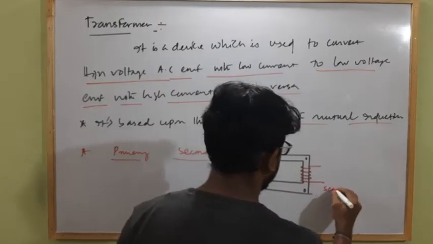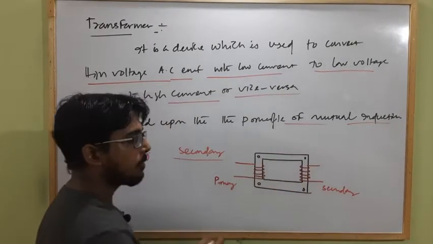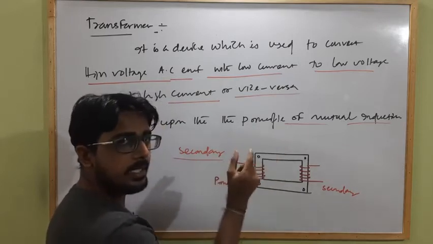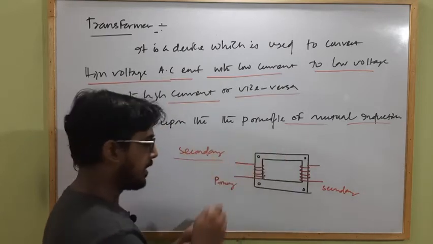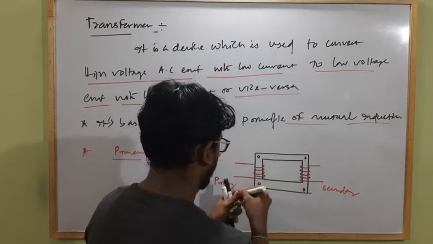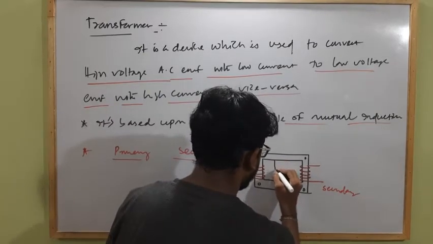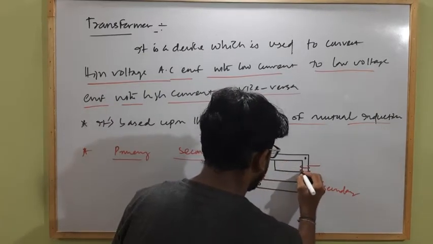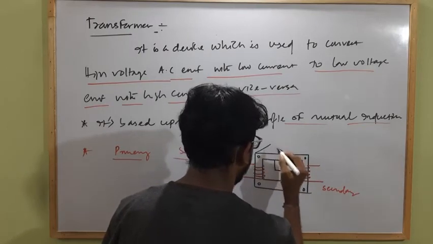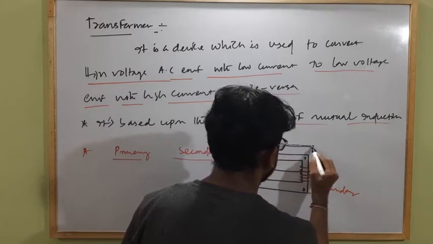And this soft iron core is not in the form of a solid plate. It is made of a very large number of thin plates. So the core will look like this, like this.